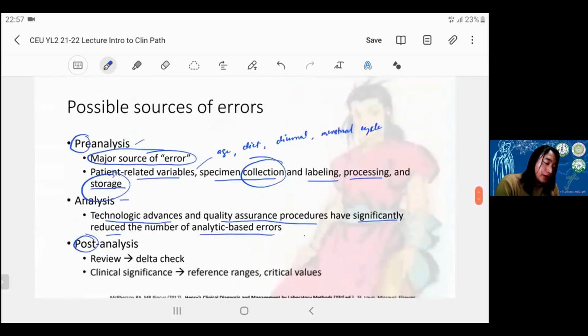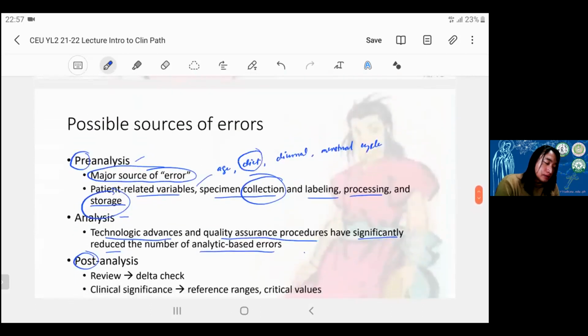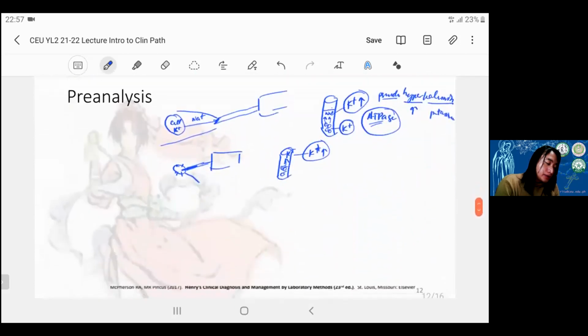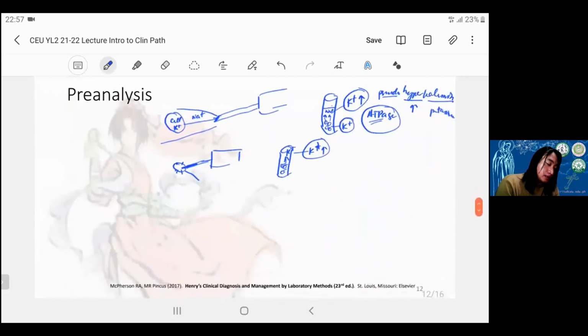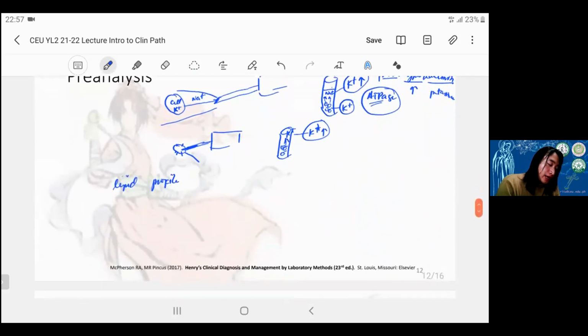Another source of error would be the diet. So if you are trying to determine the lipid profile, we know that during intake of your lipids, your lipids are actually broken down into triglycerides.